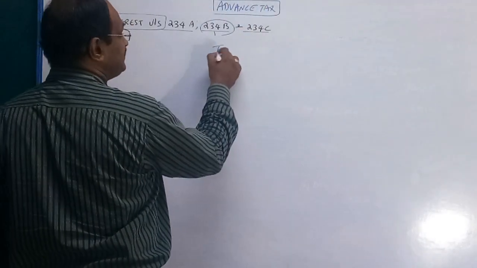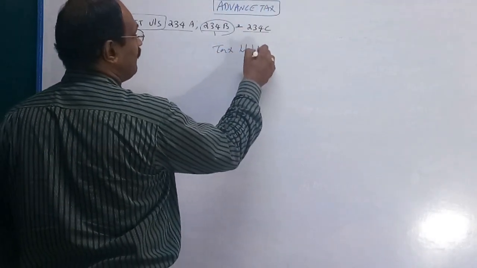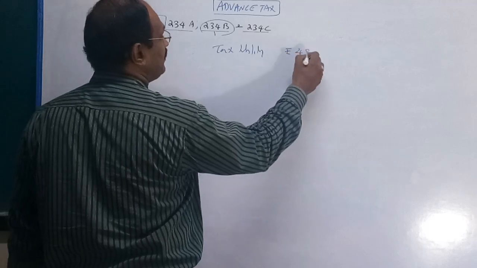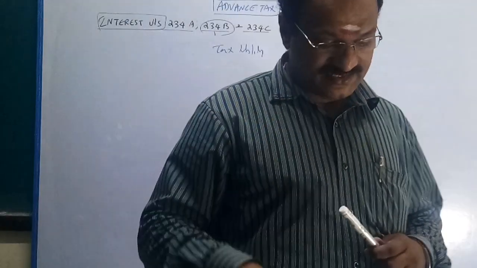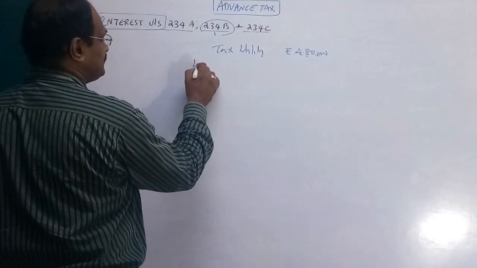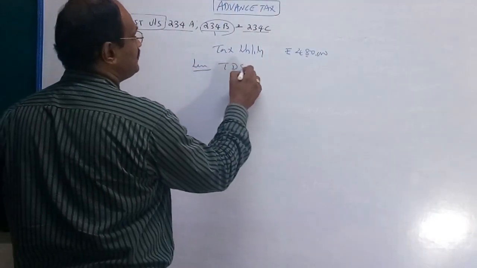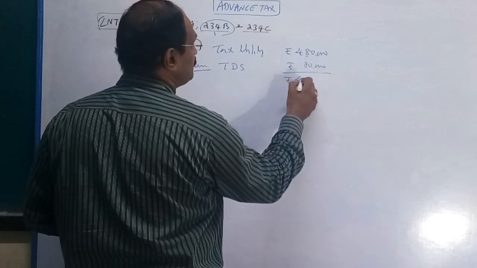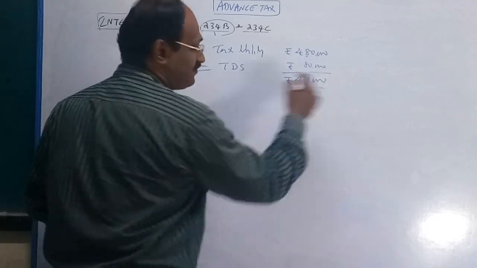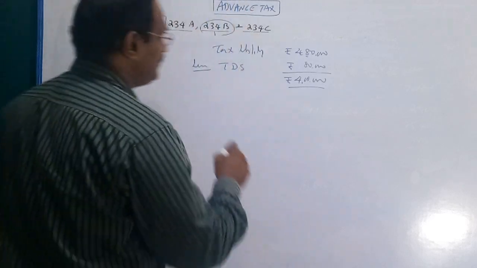So tax liability is 4,80,000. TDS 80,000 less. So what is 4 lakhs? Assessed tax.